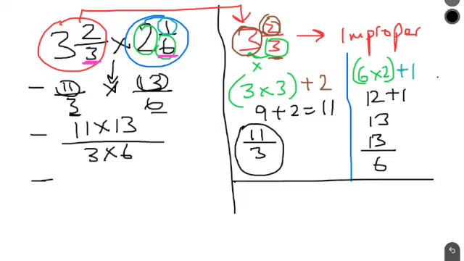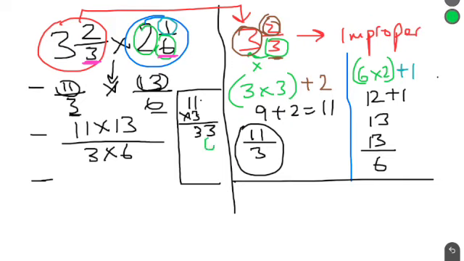If we solve that really quick, we could solve it if we had a calculator, but let's just solve it quickly so we can see for ourselves. So 11 times 13. 3 ones are 3. 3 ones are 3.